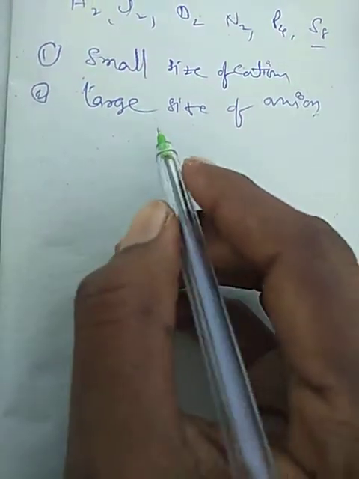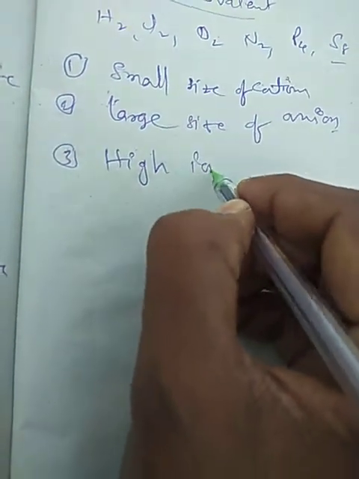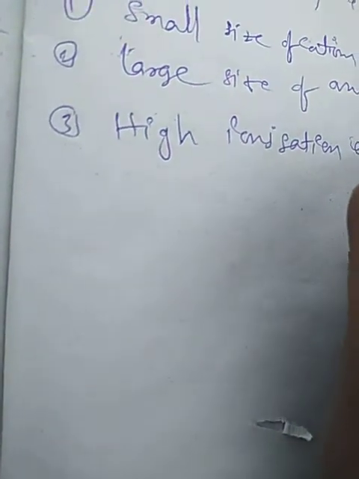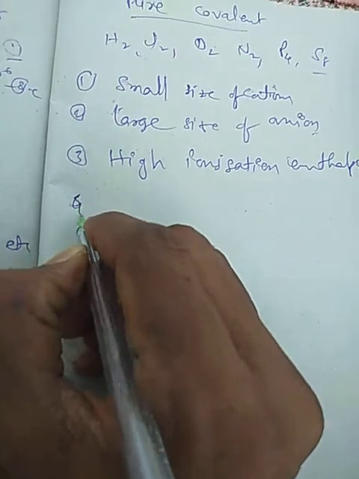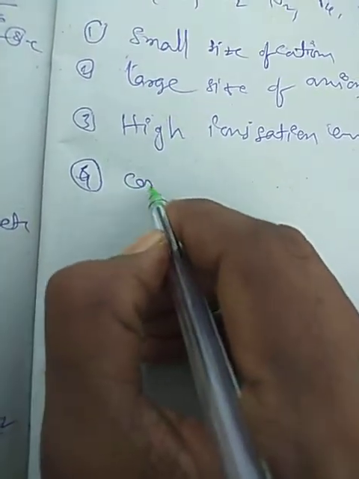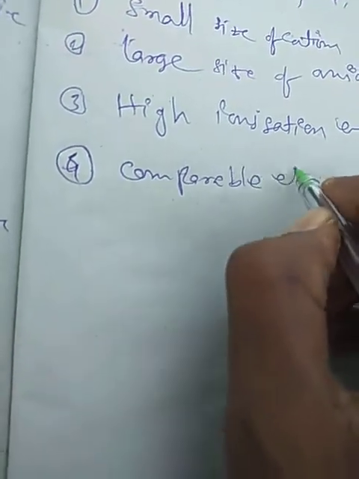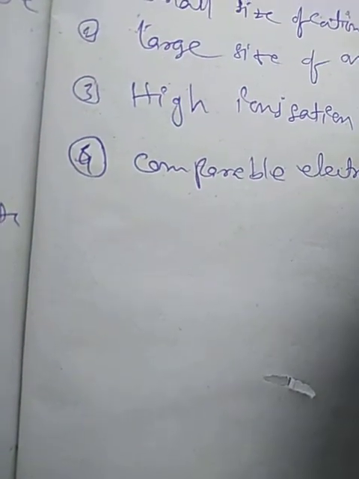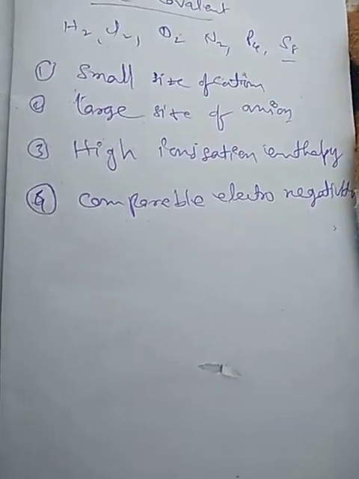And ionization enthalpy. And the fourth one is comparable electronegativities. These are the factors affecting the covalent bond.